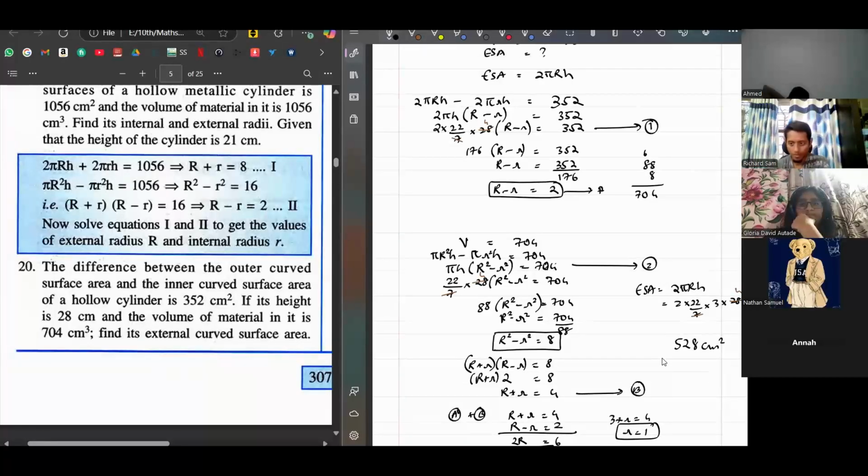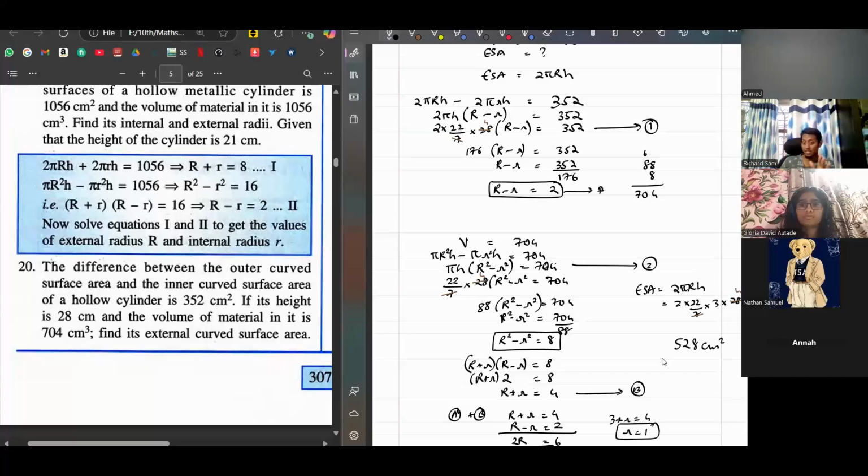Yes, and I got this 528. And I did 2 pi R h minus 2 pi r h. So I got it wrong. Now that's a different formula, right? It is our external surface area. So just 2 pi R h. See, formulas.